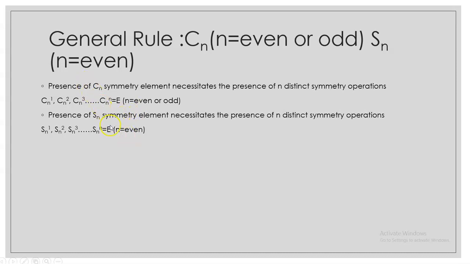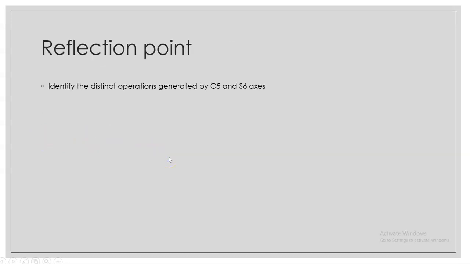So here we have generalized the statement that the presence of a Cn symmetry element gives n distinct symmetry operations, namely this, and the presence of an Sn symmetry element gives n distinct symmetry operations, namely this, when n is even. For a proper axis, n odd or even, you get the same, but for an improper axis of rotation, when n is even, you get n number of symmetry operations. Then you may ask me, what if n is odd in the case of your improper axis?